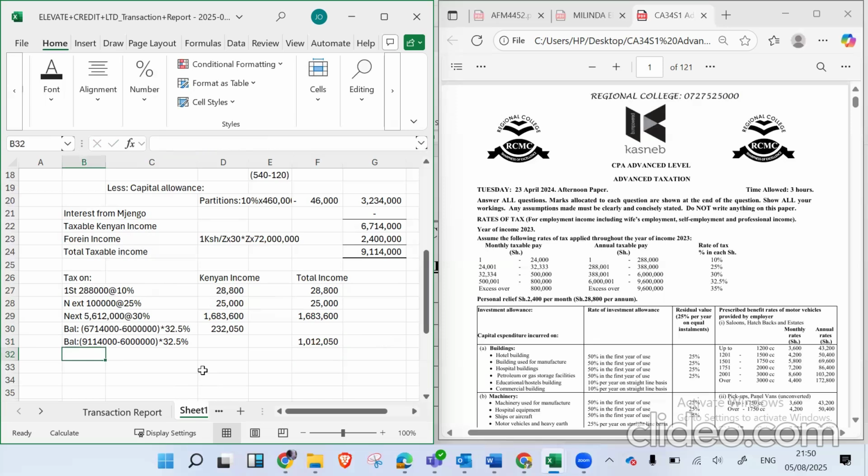So therefore, we have the gross tax, which is the total. Gross tax is the sum. Hiyo ya mwisho ya 9 million is a total. Yes, total income.